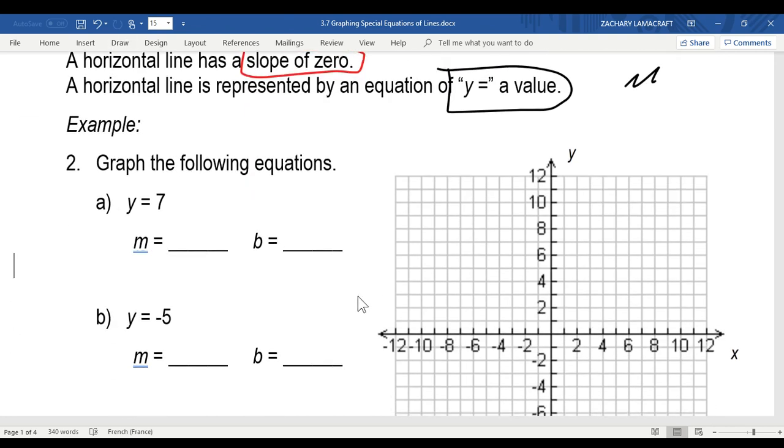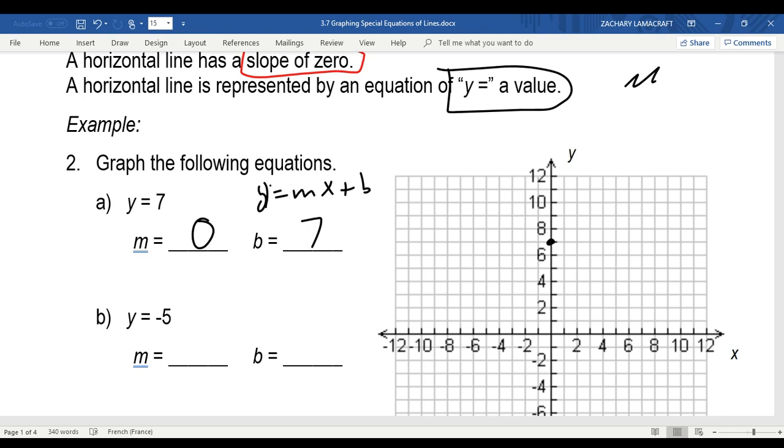So for the example, it says y equals 7. Well, remember it's y equals mx plus b. And in this case, we don't have mx, right? We don't have that there, but we do have a number, and that's being b. So our slope is 0, but our b is 7. So we would put a point through 7.